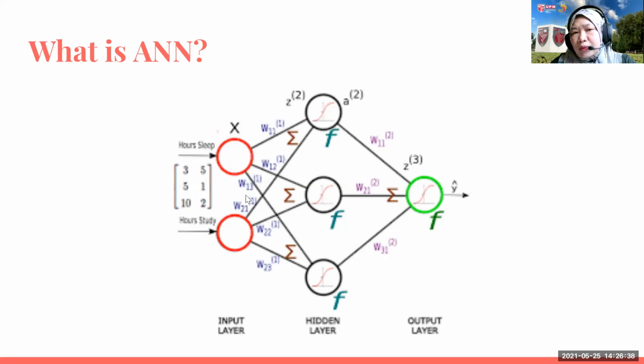How are you going to get the output from one neuron? You sum up all the information going into the neuron. So x1 multiplied by weight 1, x2 multiplied by weight 2.